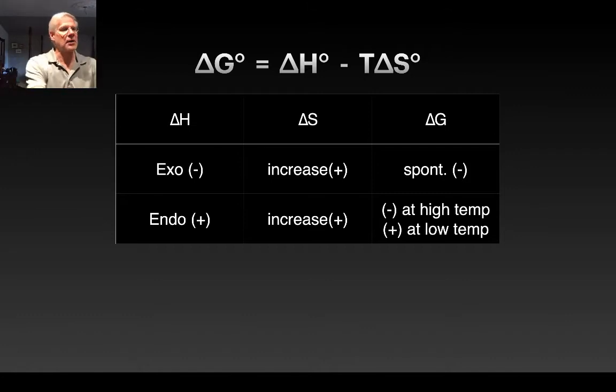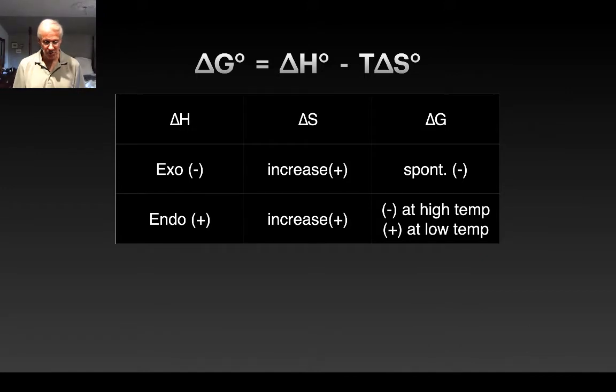If you have a low temperature, then your T delta S will be a small term, and it will not be enough to take a positive value, subtracting a small positive value. You're still going to end up with a positive value delta G. And so at low temperatures, your delta G will be positive and the reaction will be non-spontaneous.